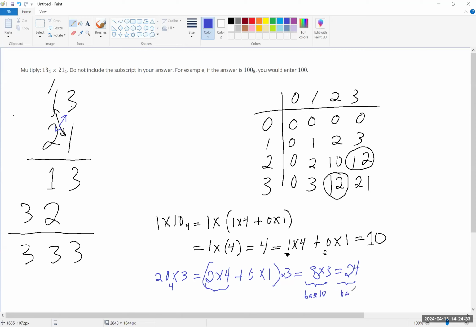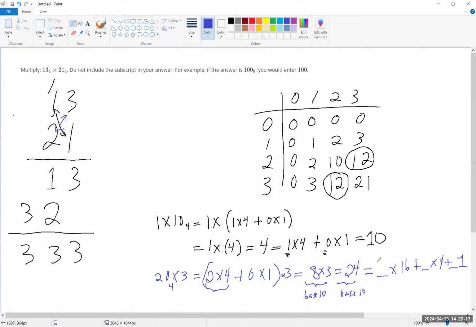Move over to base 10. And then we're going to move back to base 4 because 24 things is blank times 16 plus blank times 4 plus blank times 1. These are the place value of each digit in base 4.